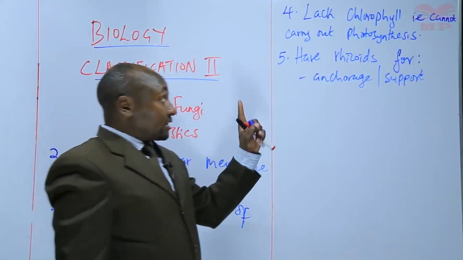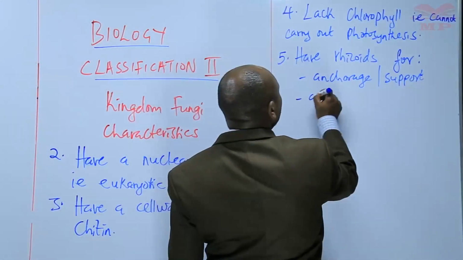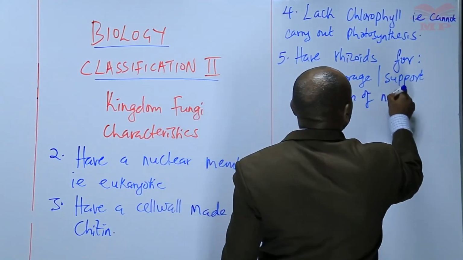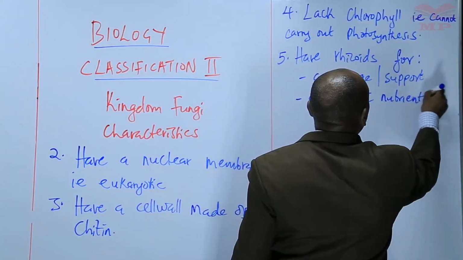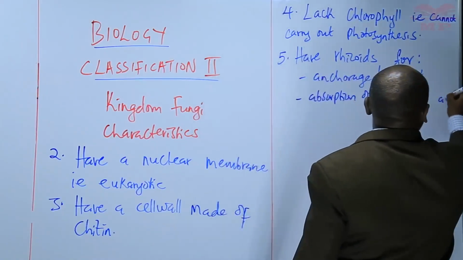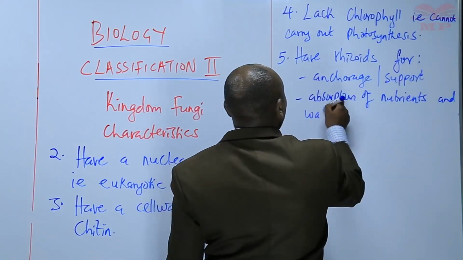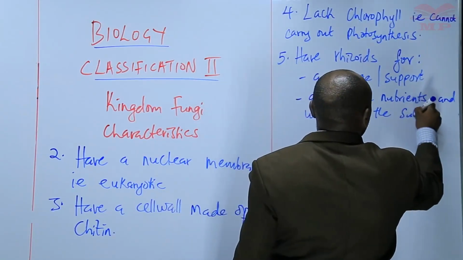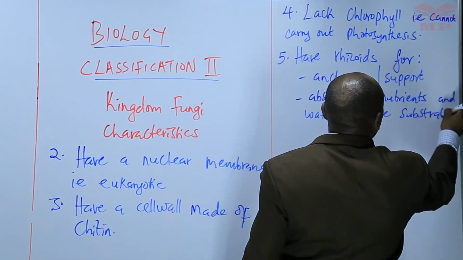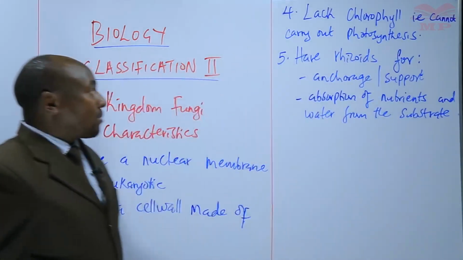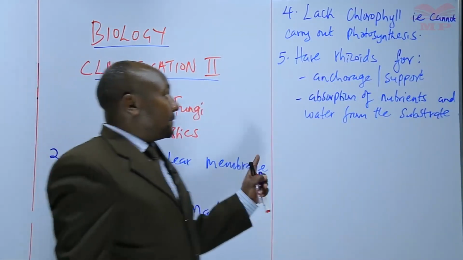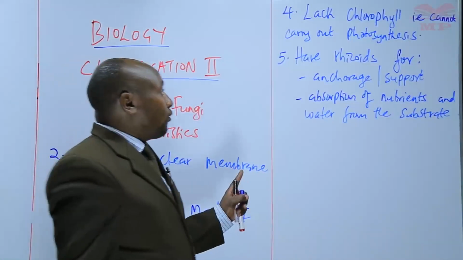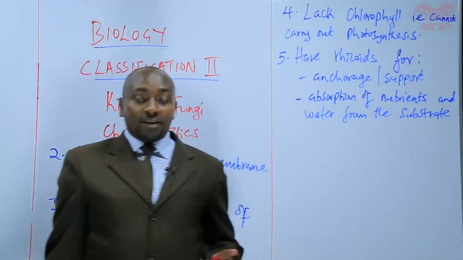Number 2, rhizoids also help in absorption of nutrients and water from the substrate. They are able to absorb water and also nutrients from the substrate. So basically, that is a fundamental feature of the kingdom fungi.